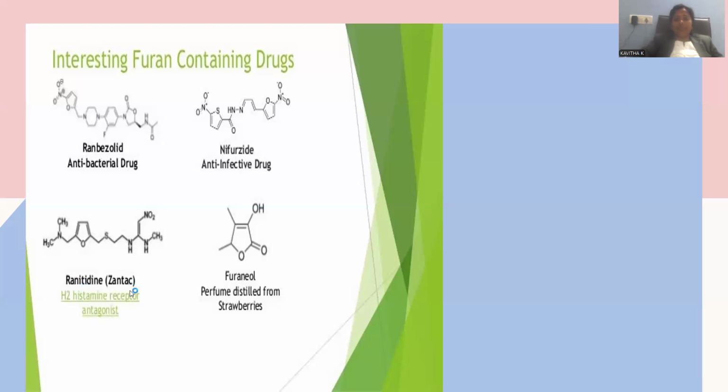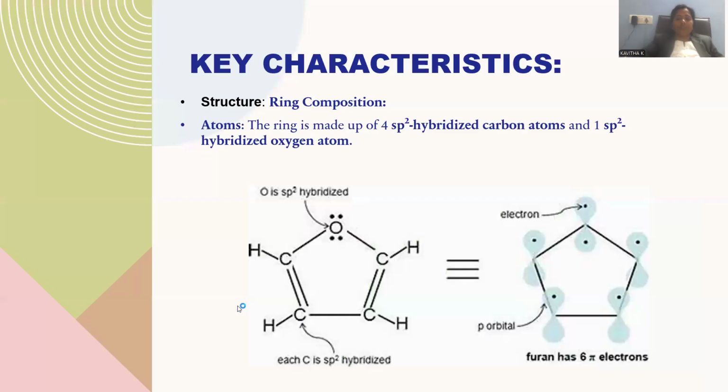Zantac is the trade name of the compound. Here is another compound called furanol. Furanol is a perfume distilled from strawberries. From the strawberries, we extract the perfume that is composed of this kind of furan nucleus within the molecule.